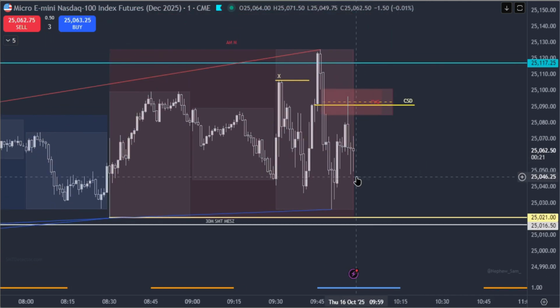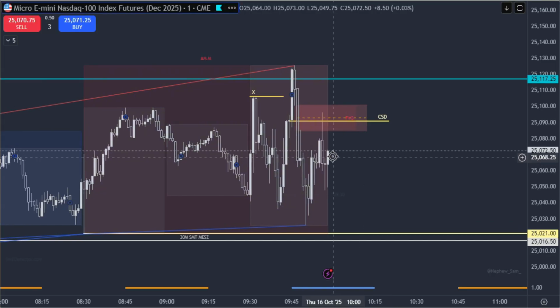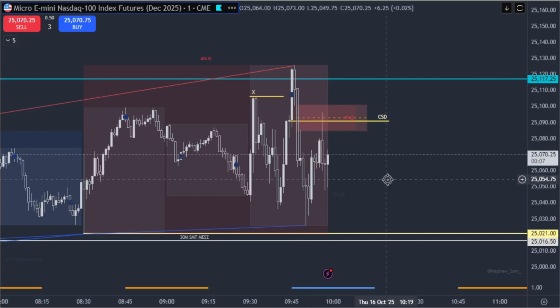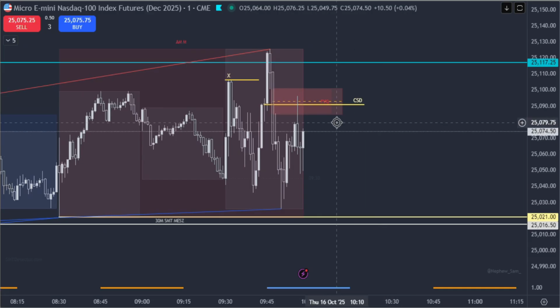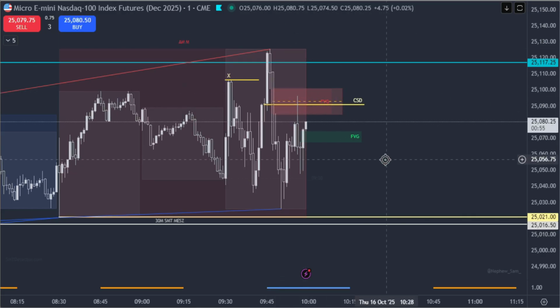Coming up on the 10 o'clock candle, I want to see what 10 o'clock does. So 10 o'clock can possibly do some type of manipulation up here. And if we get another form of SMT, then I can pull the trigger to take more sell side.